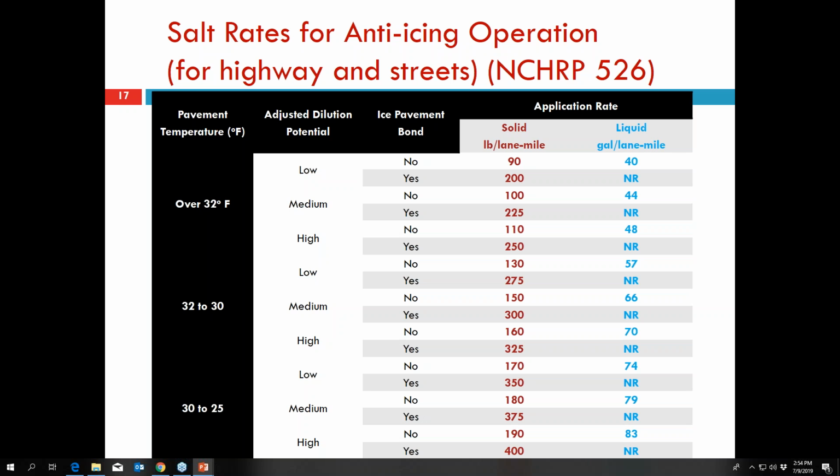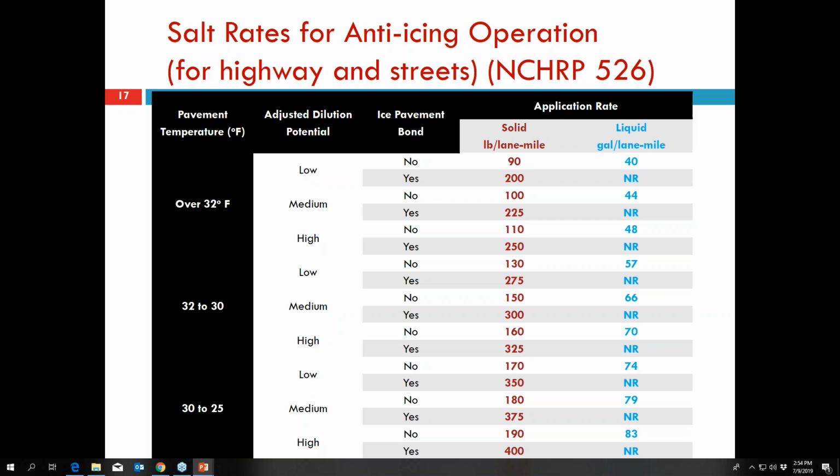Like if it is a heavy volume road, there is a high potential for dilution or loss of salt. Based on those parameters, this NCHRP document presents a systematic application rate that I'm sure many of you are aware of.